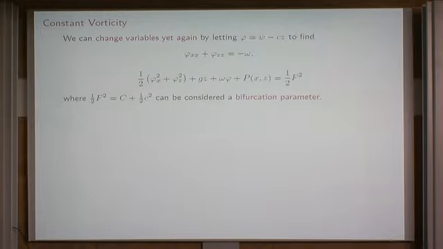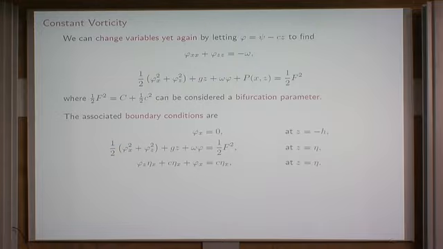And in our new coordinates, we end up with the following equations of motion. I've redefined f here: instead of having that c plus 1/2 c squared term, I've redefined that as 1/2 f squared. And it's easy to show that that quantity should always be positive, so this replacement is a matter of convenience.